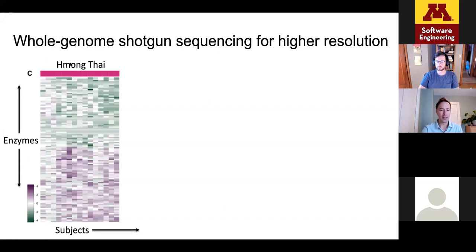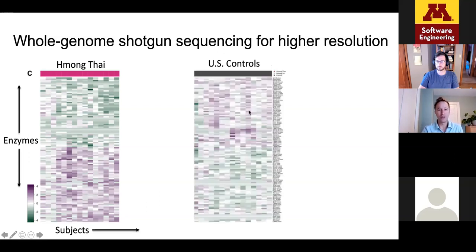So you can see in the Thai group, there's a lot of whatever enzymes these are, and not a lot of the ones at the top. And then these are US controls. Here you see there's a lot of these other enzymes and not a lot of those.